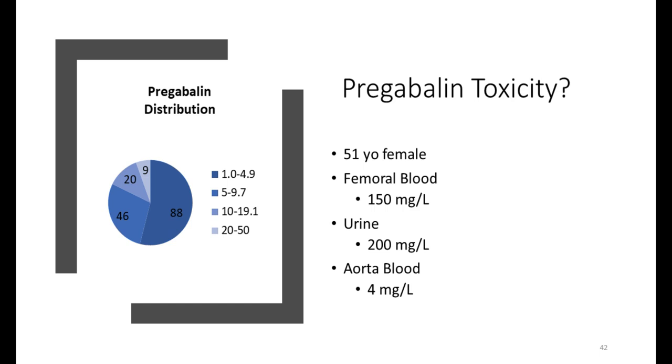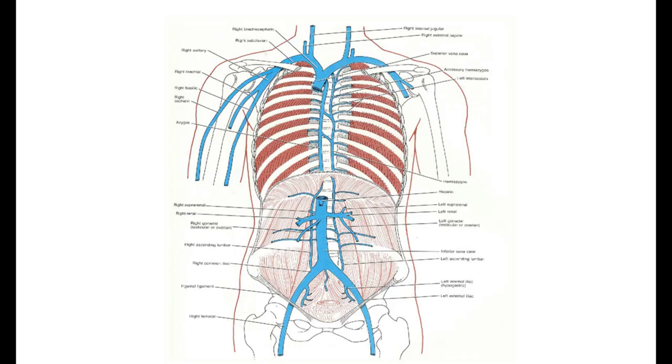And in the graph to the left here, you can see the pregabalin distribution of the concentration. And you can see that in almost all postmortem cases, the concentration is between 5 and 9.7, and very, very few are much, much higher than that. So what's going on here? Well, the iliofemoral vessel is actually sitting there in that cavity right there, and the bladder actually sits right on top of it.